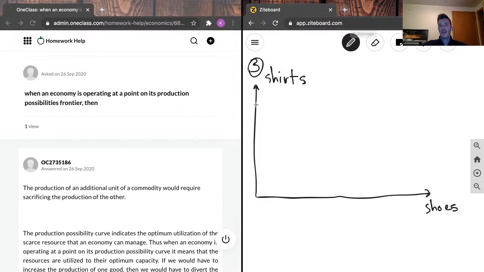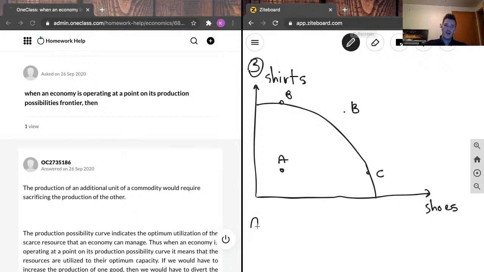A production possibility frontier is always going to be bowed outward, like so. And there are 3 sort of potential points on a production possibilities frontier: inside the arc, on the arc, or outside the arc.